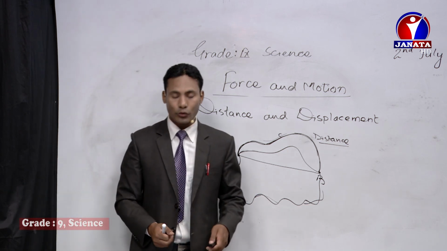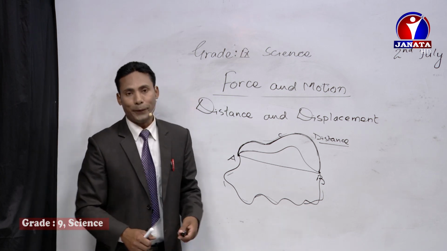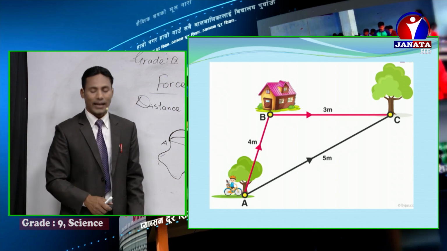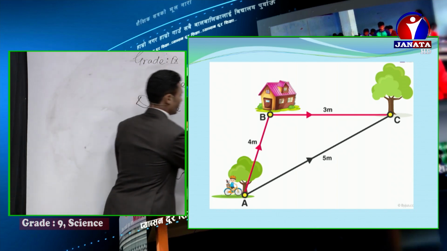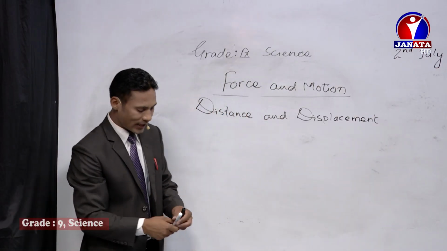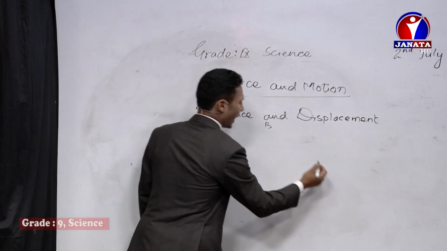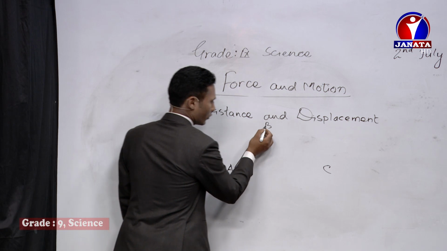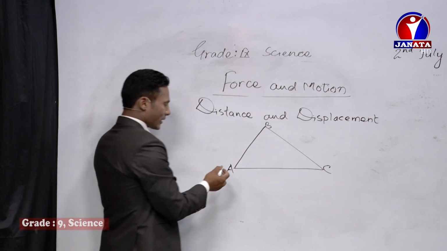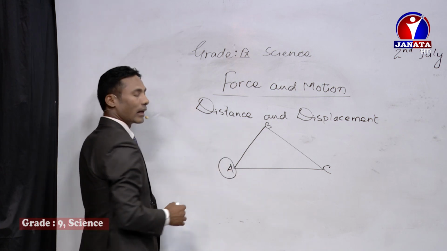Okay, another example. You can see on the screen, right? There is a cyclist, a house, and a tree. Three points are there, point A, point B and point C. The cyclist started traveling from point A, let's say.